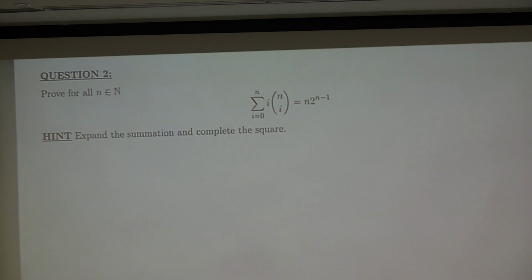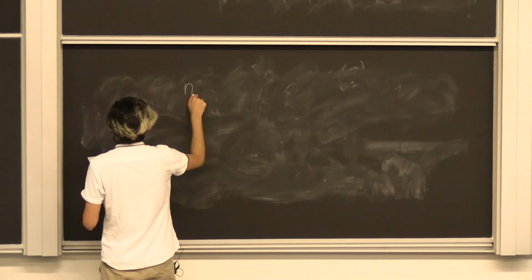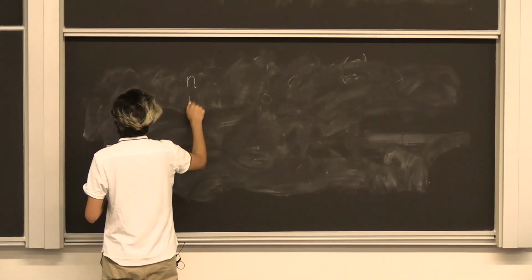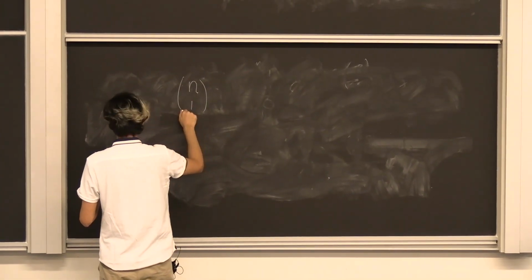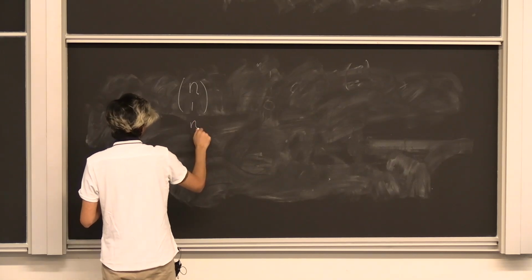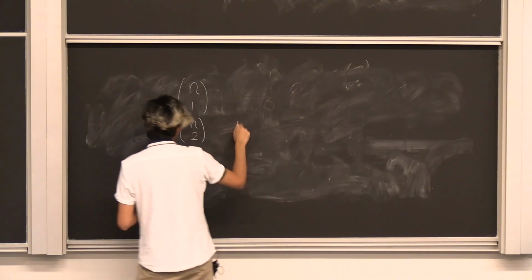Okay? And we're going to do exactly what the summation tells us to do and expand it. Exactly what the hint tells us to do. So the first term, the 0 is just nothing, we can't expand it. Then we have n choose 1. Then we have n choose 2 twice.